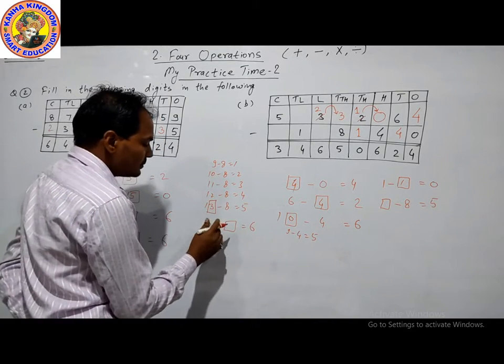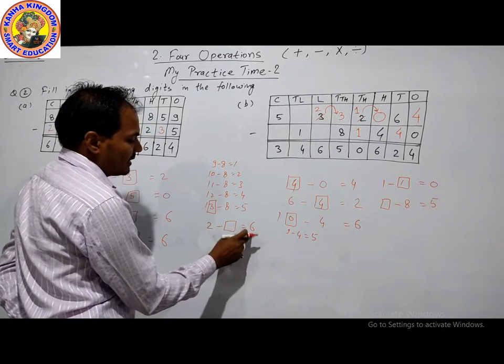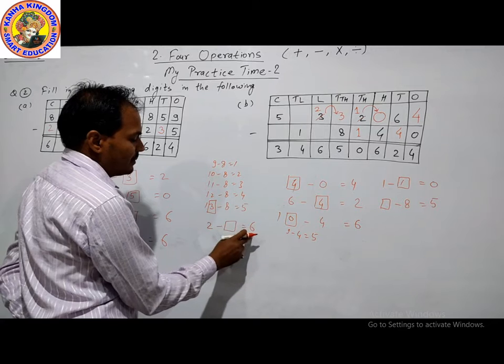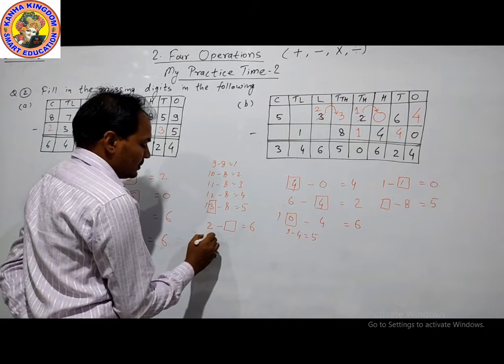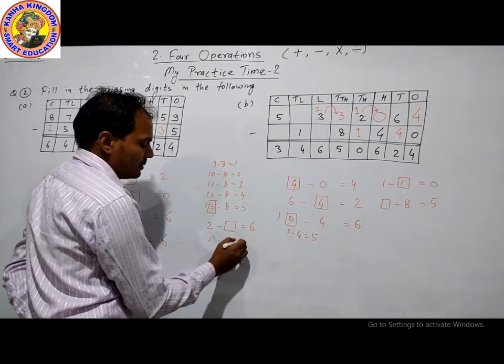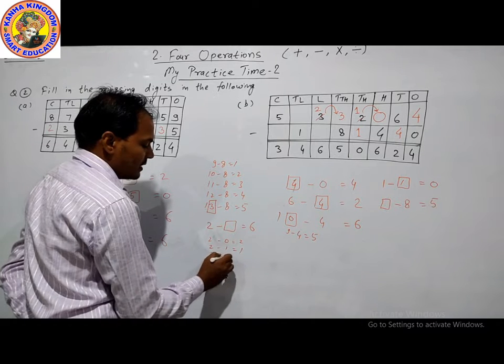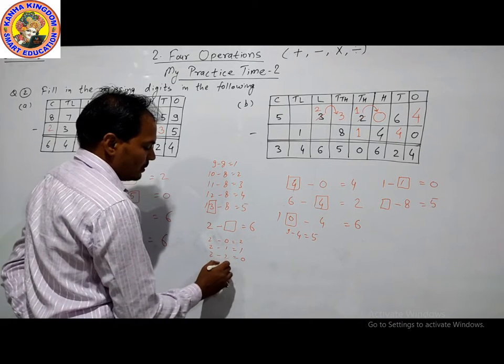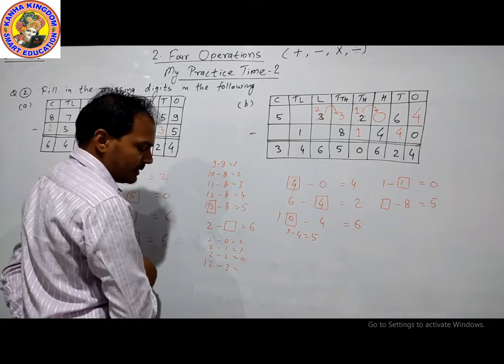Now we will make 6. 2 minus 0 is equal to 2. 2 minus 1 is equal to 1. 2 minus 2 is equal to 0. 2 minus 3, for 3 we will take a borrow point.